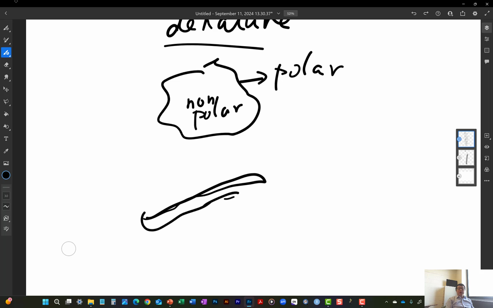And then if there are two denatured proteins, these nonpolar amino acids join together so that the two proteins attach to each other, adhering to each other. They glue together.